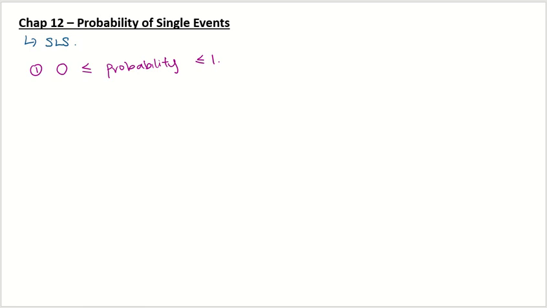Second point: in order for us to calculate the probability of a certain event, it takes a formula. I put the number of whatever events that I want at the top. Later we'll take a look at some examples.